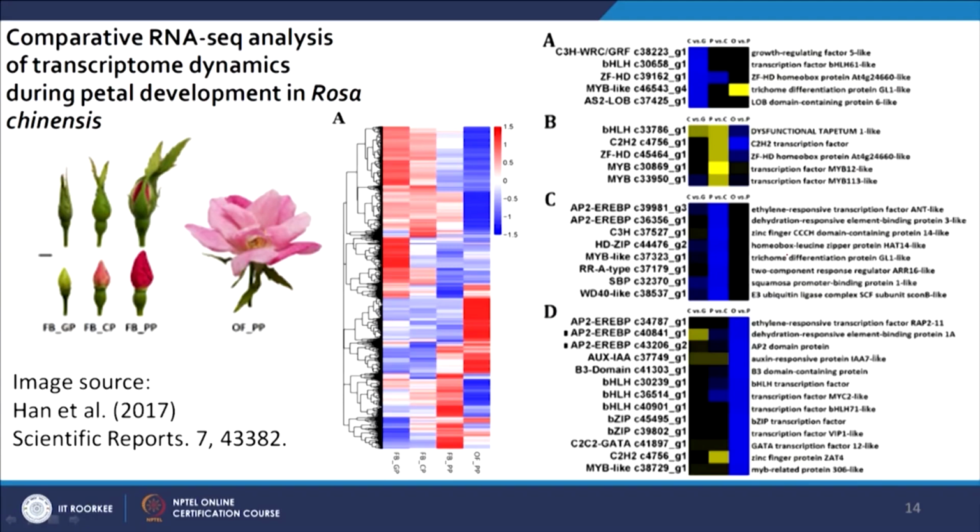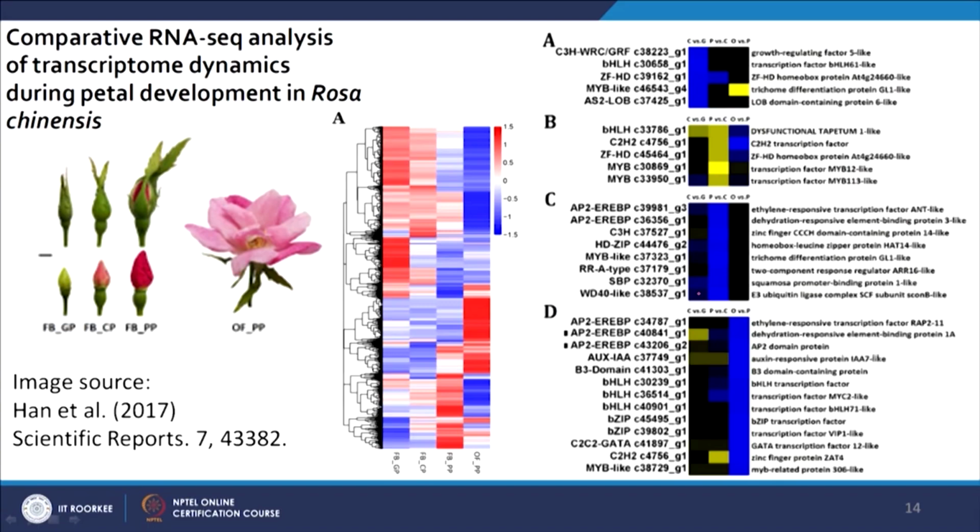You can also identify all these different types of transcription factors. Depending on your study, you can focus on transcription factors, so you can identify all the transcription factors which are differentially expressed, or any other kind of factor.